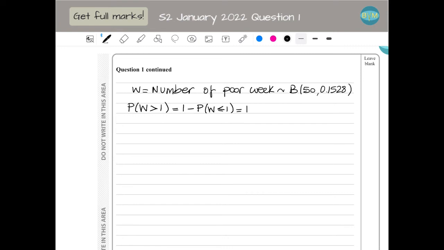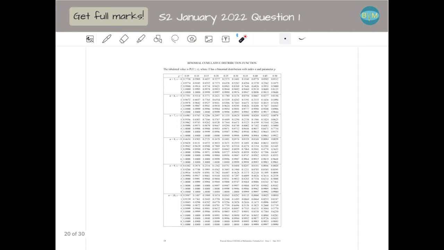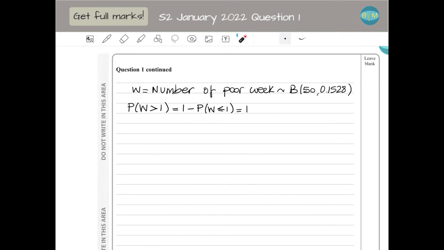Smaller or equal than 1, this value of probability is not on the binomial table. So if you see the binomial tables, I have them here, we don't have that probability, right? So we need to use the formula. You could use the calculator, but you should use the formula. So this is 1 minus the probability of W being 0 or 1.